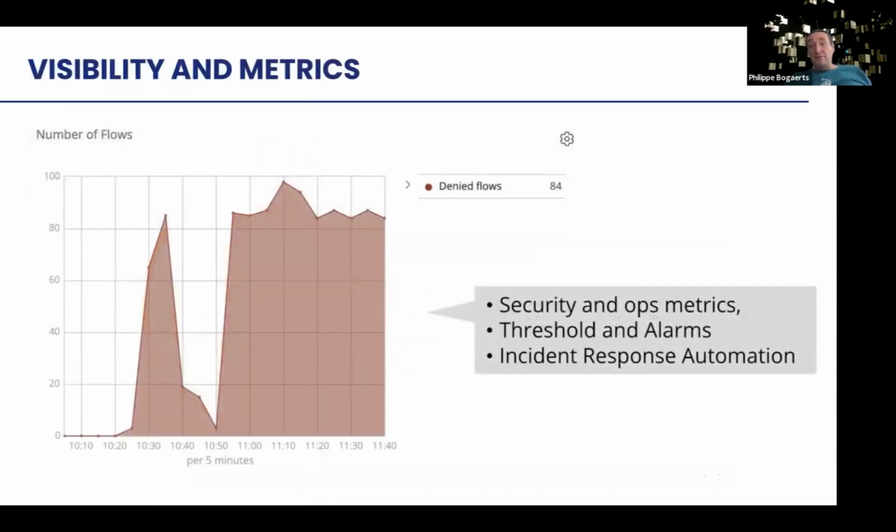You also have the metrics and the visibility, so you can see how much traffic is being denied and allowed and so on. Now, the cool thing is, based on these metrics and quite a lot of other data, just picking out a few examples, you can set alerts. So if you see that traffic is blocked, for example, 20 times on a per minute basis, you can send alerts.